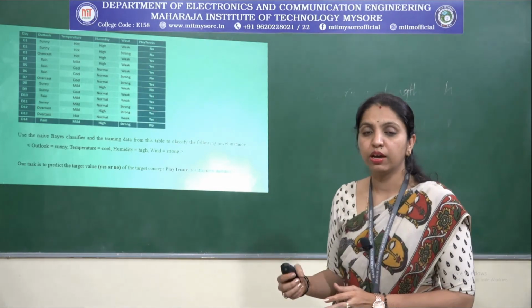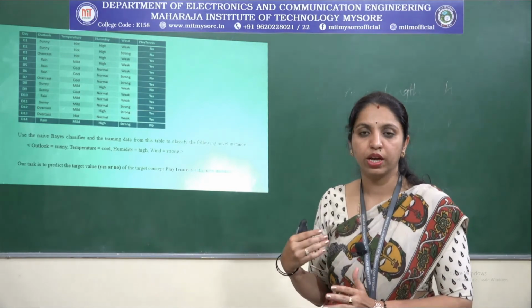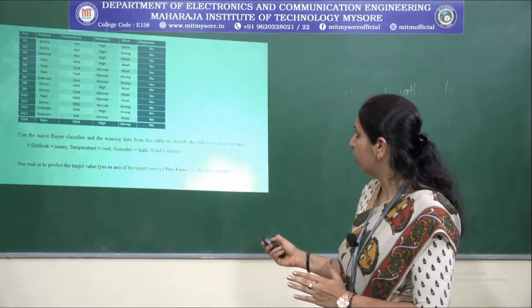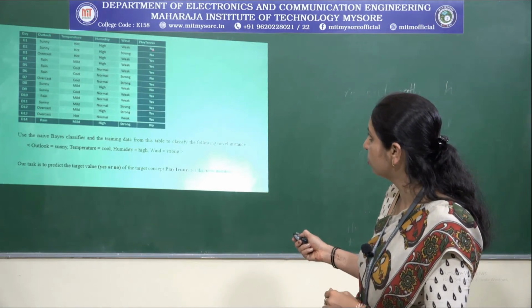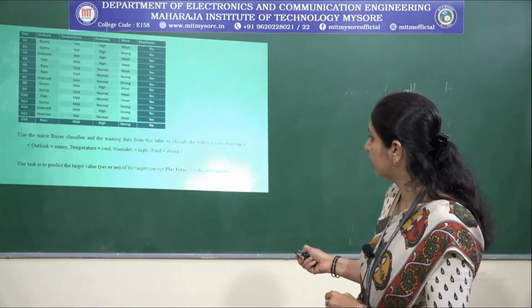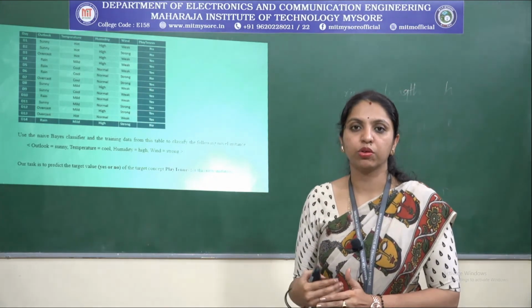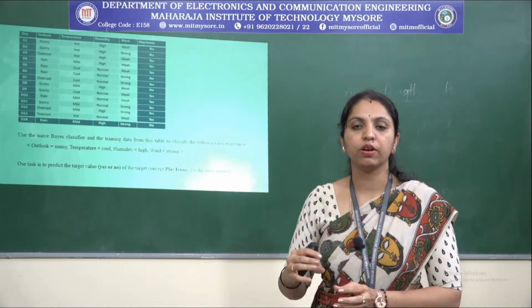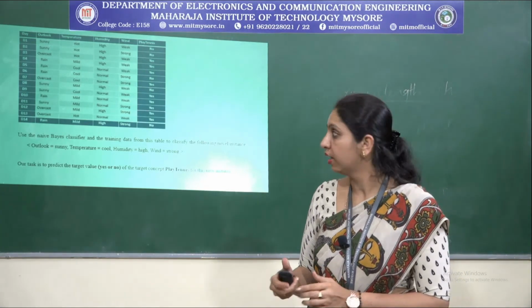So we have 9 out of 14 that say yes. And how many training examples say no? 1, 2, 3, 4 and then 5. So we have 5 out of 14 that say no. Based on this we are going to have a prior probability. Let us see that.